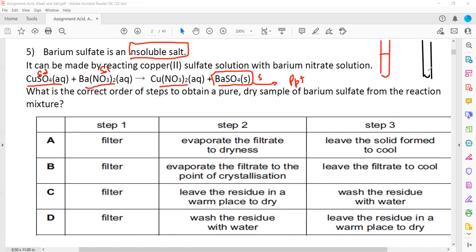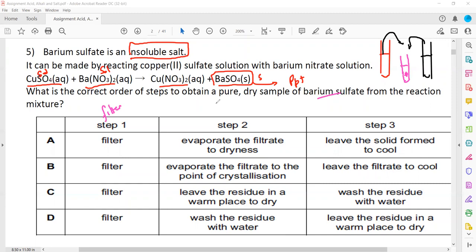Both are solutions, and when we mix them together, it will form a PPT or precipitate. It will be a solution with some solid, and that is the PPT, which is barium sulfate. How can we remove this barium sulfate, an insoluble salt? Whenever we want to remove an insoluble salt from the mixture, the first step should be filtration.